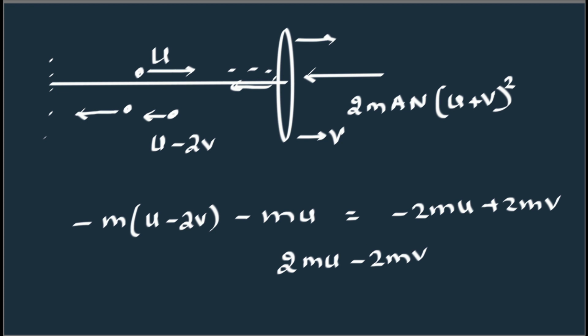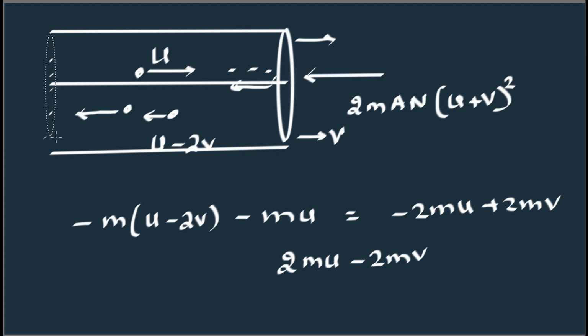So again, we construct this cylinder and consider the number of molecules in this cylinder of length u minus v. Let's do that.